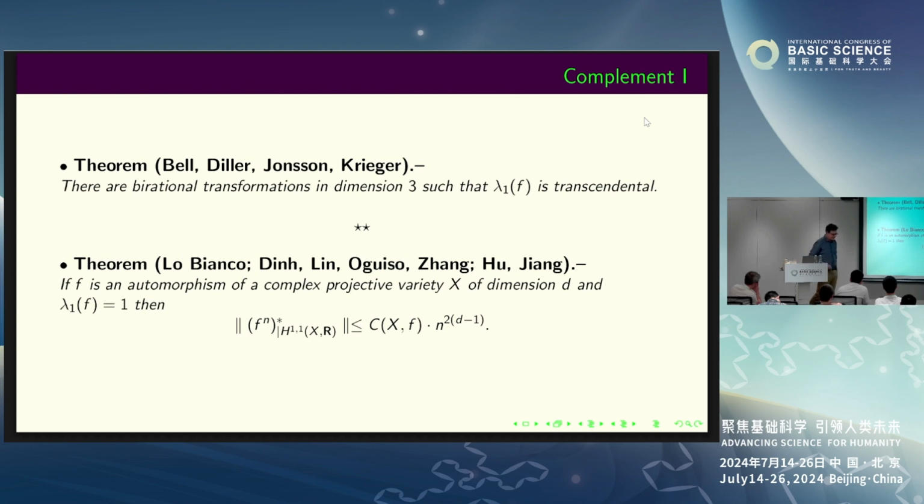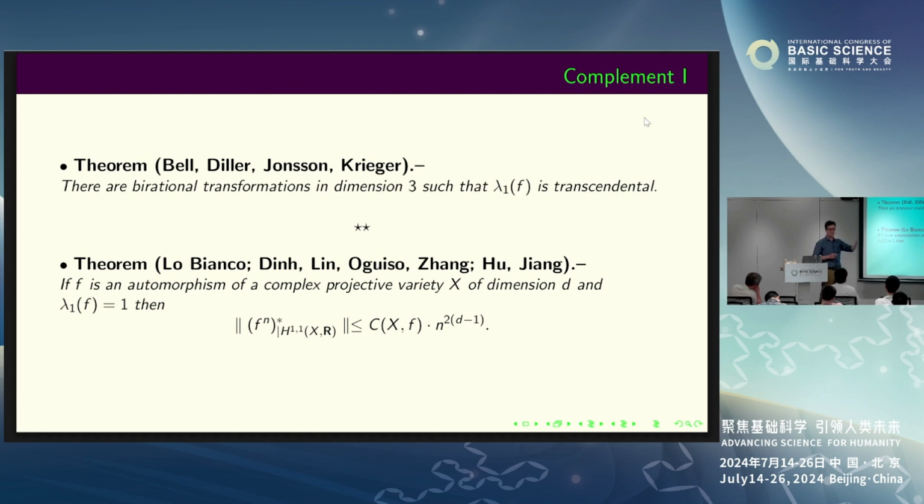The second topic that I would like to highlight is the following. When you look at dynamical degrees, you look at the exponential growth rate of the sequence of degrees of the nth iterate. But maybe there are interesting phenomena when the sequence of degrees does not grow exponentially fast, but like a polynomial in the number of iterates, like n to some power.